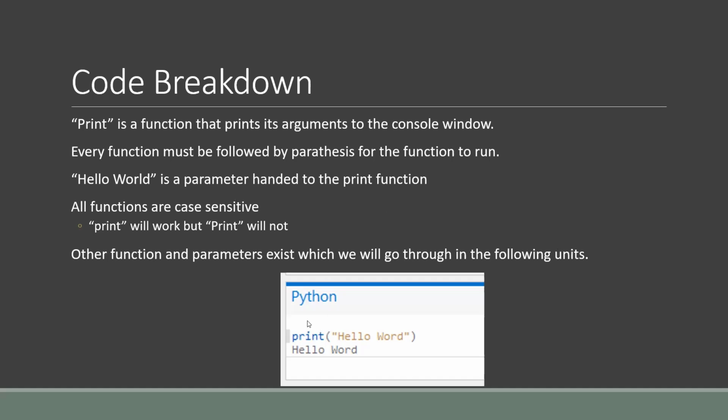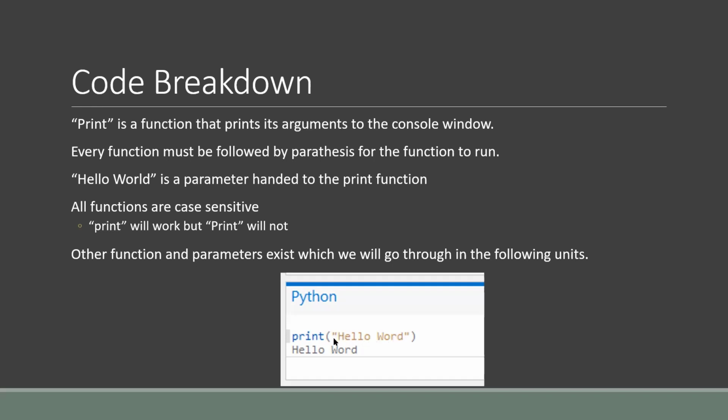Yeah, so print, you have the parentheses on both sides. Again, it's case sensitive for the function name. And then we also have a number of different parameters that go in the function.